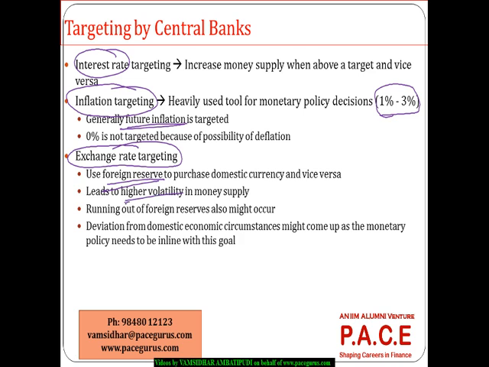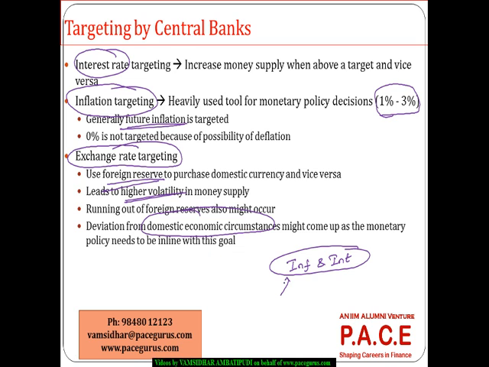Because of that, it leads to higher volatility, because they deviate from their domestic economic circumstances. As I said earlier, only when the inflation and the interest rates of both countries are more or less similar can the exchange rate be targeted to be in a particular range.